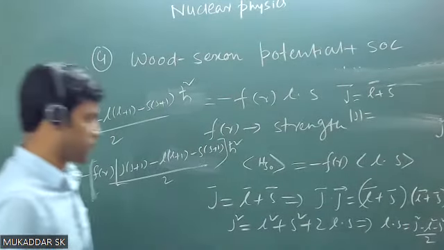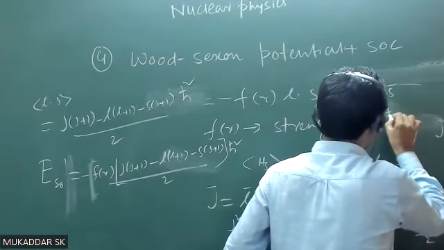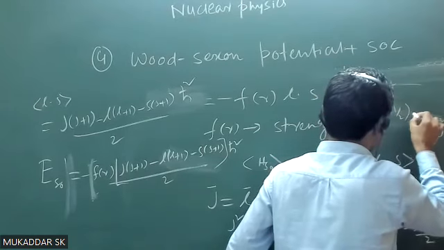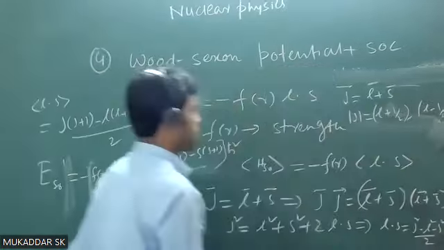L plus S to L minus S. S is half since it is a nucleon, so it can take L plus half or L minus half. These are the two possible values of J.